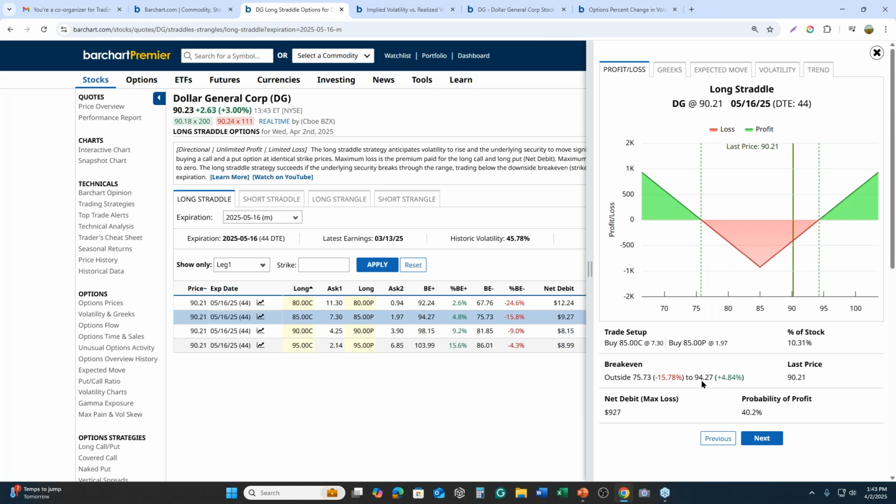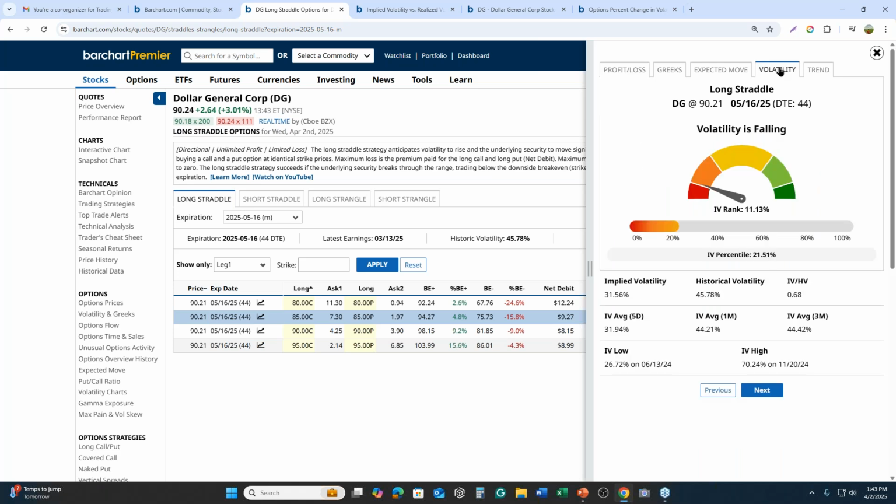We need the stock to get above 94 or below 75, because this would be a bullish bias. That would be where we need to see to get our profit. Now, again, I could look at this from our volatility perspective.